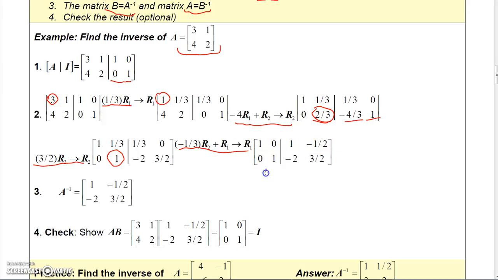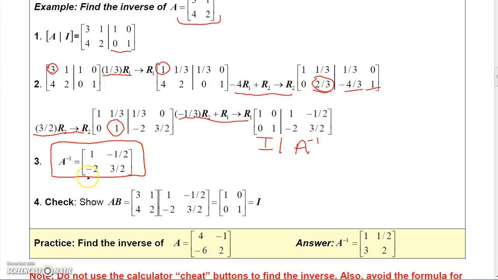So now you can see over here I have the identity matrix on the left, and so on the right I must have the inverse. Now we want to go ahead and box this, because it's not complete until we identify the inverse. Make sure that our teacher knows that we know what the inverse is.